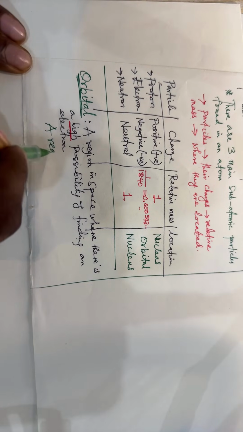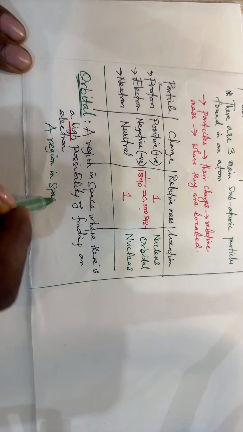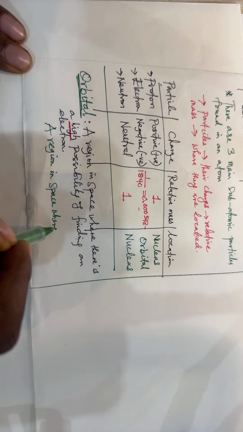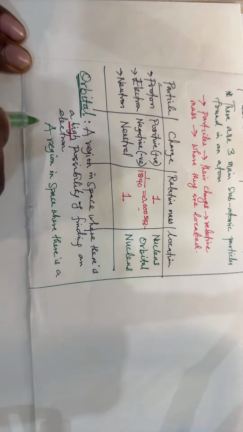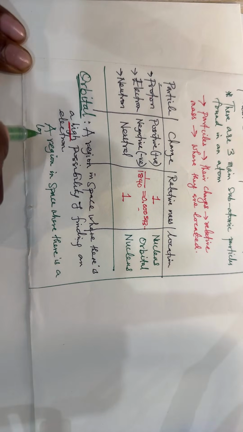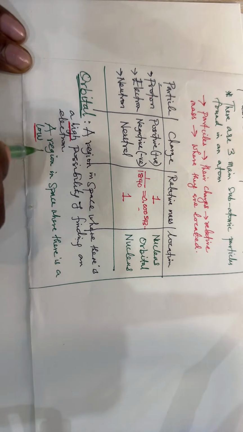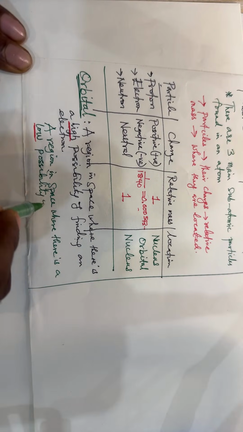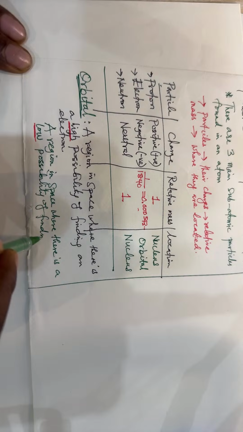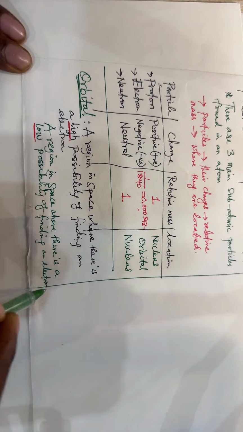A region in space where there is a low possibility, emphasis on low, of finding an electron. What could be the name of this one?